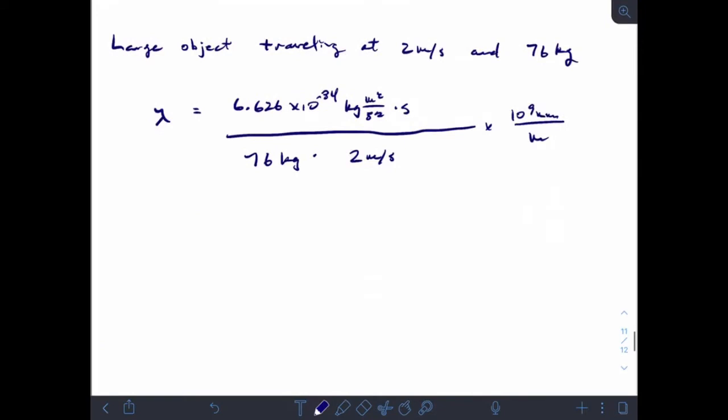And we're going to find that the wavelength of that macro-sized object is 4 times 10 to the minus 27 nanometers. Okay, so completely insignificant. Okay, that wavelength is so incomprehensibly small that it has no real bearing on physical reality for a large object.